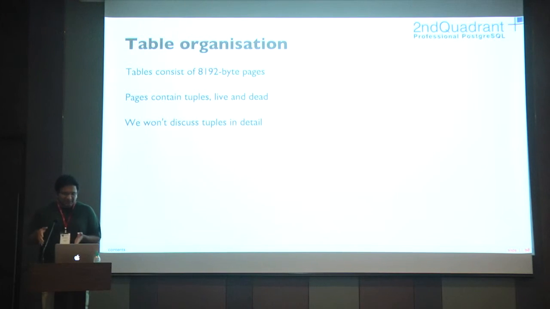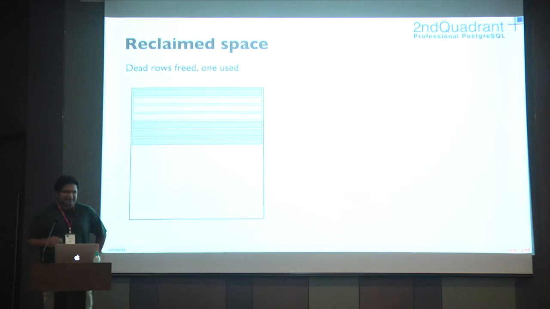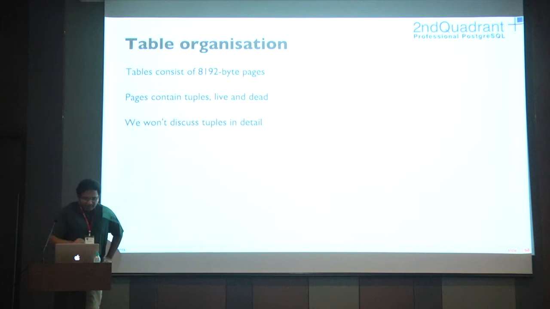I will explain what a page is, but at a high level, a page is just 8 kilobytes of data, and you fill it with tuples, which looks like that. And some of those tuples can be live, some of them are dead, depending on what's actually happening to the table.